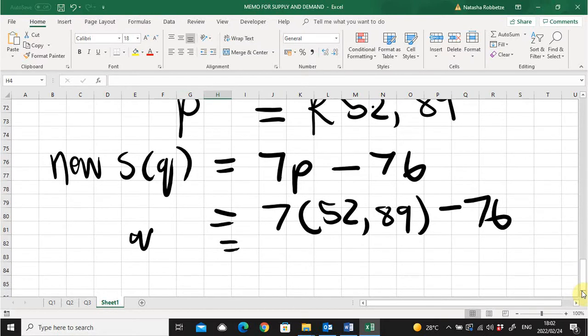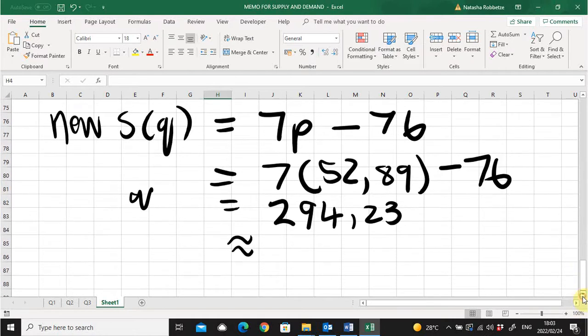So what will the new supply quantity then be? Q is equal to 52.89 times 7 minus 76. That gives me an answer of quantity 294.23. Of course, we need to round because you cannot sell 23% of a unit. So obviously in the test, it will say you need to round to a whole number because units need to be completed.